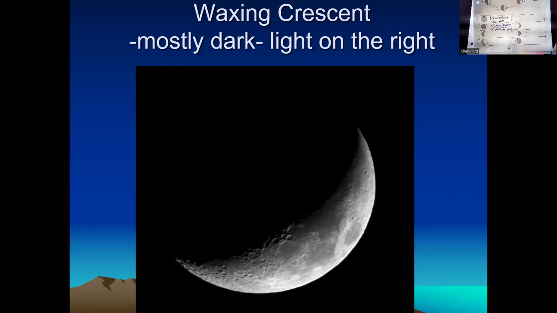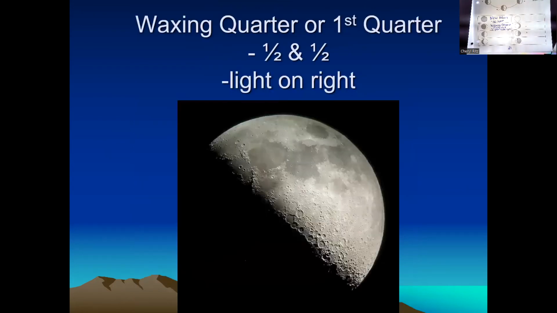Moving on to moon number 3. That's the one you would have called the half moon. The half and half, and the light again, waxing, on the right side is lit up. So that is the waxing quarter. It's also referred to as the first quarter. Either one is acceptable.